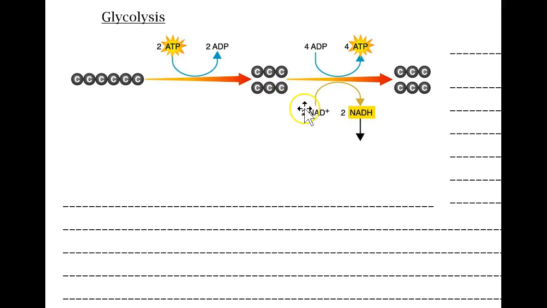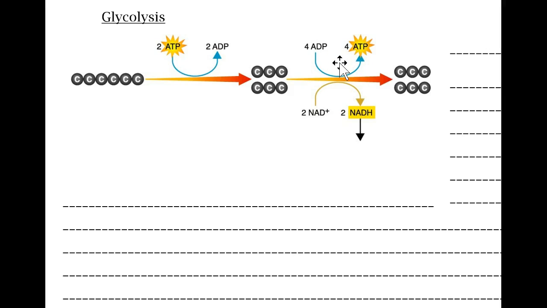It's going to pick up the electrons from here and the hydrogen ions from there and become NADH. It's going to pick up the electrons and hydrogen ions from here and become NADH. So we're going to take 2 NAD+ to produce 2 NADH, which will go off to the electron transport chain.